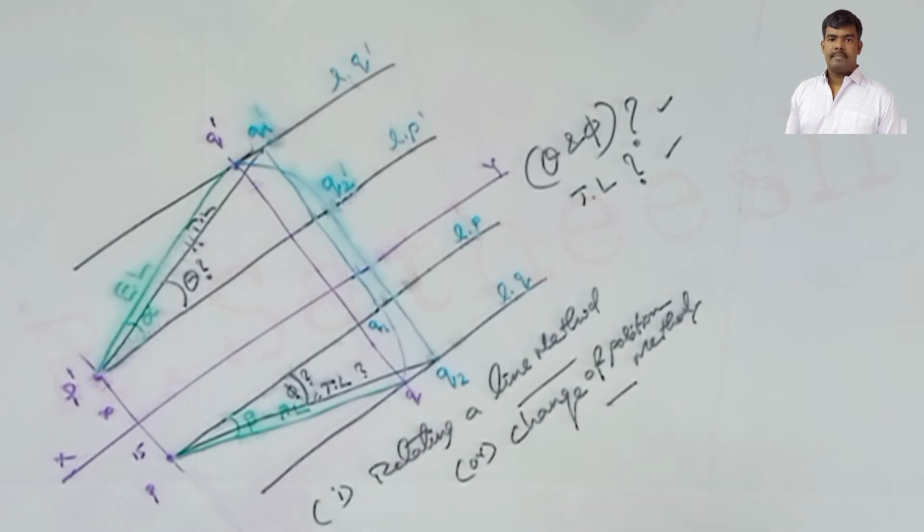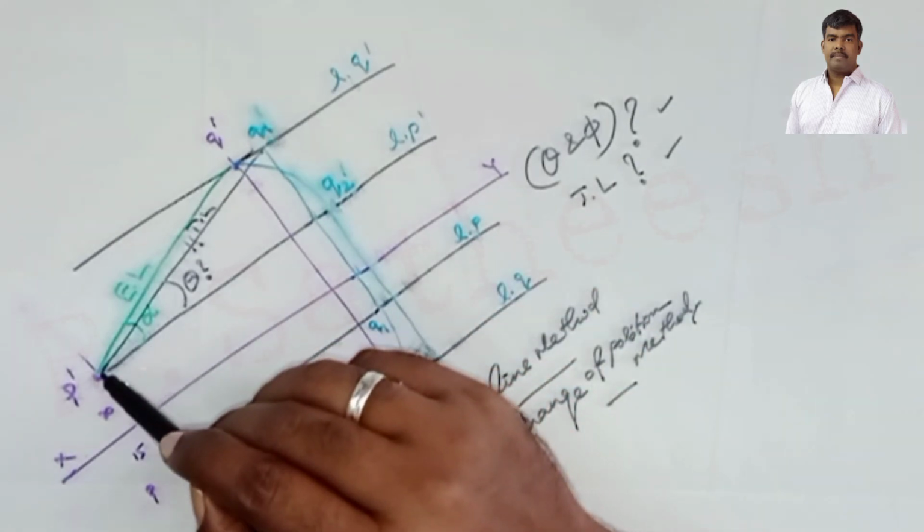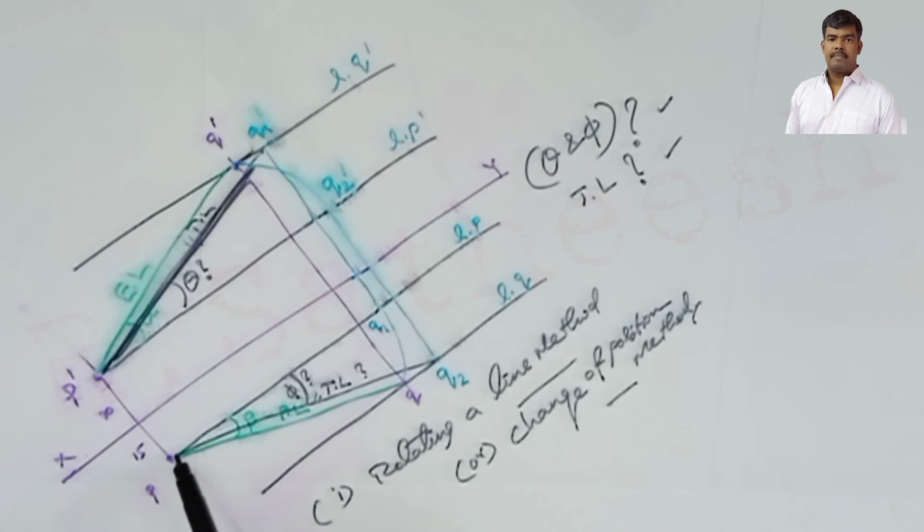In the same problem they are asking one more thing, the trapezoidal method. So how do we draw the trapezoidal method? Clear? So this is the first one. We need the true length. The next method is the trapezoidal method.